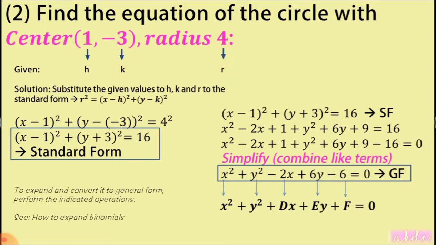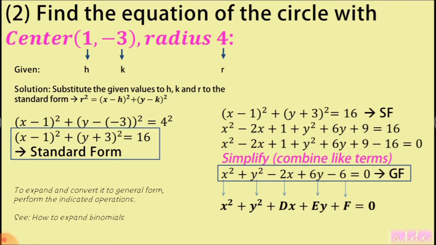So again, substitute the given values of h, k, and r to the standard form. So x minus 1, because h is 1, squared plus y minus k, which is negative 3, squared equals 4 squared. 4 times 4 is 16. So x minus 1 squared plus y minus negative 3, which is the same as y plus 3 squared equals 16. So this is the standard form.